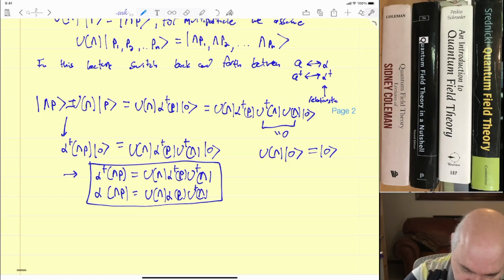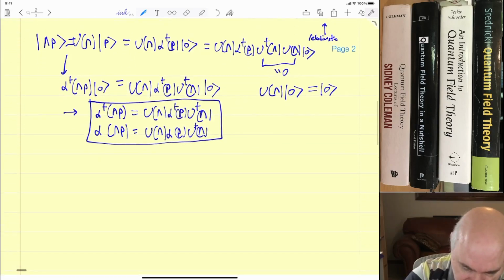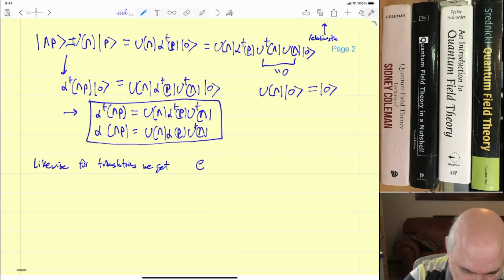And we can use the same kind of logic. I'm not going to waste time on doing it. Likewise for translations, we get e to the i p dot x alpha dagger p.